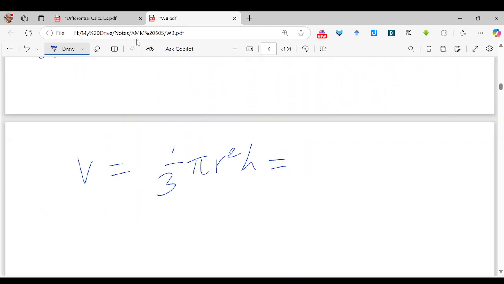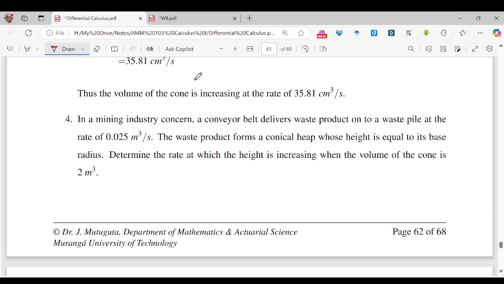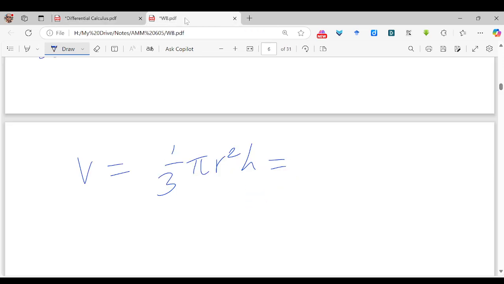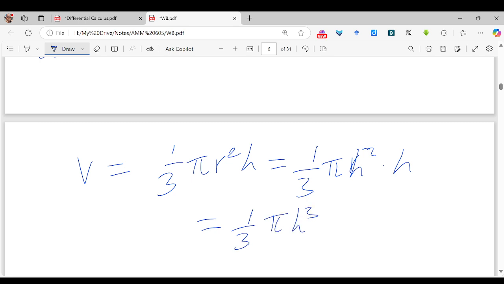Depending on the question, we want to determine the rate at which the height is increasing, so we write r is equal to h, because the base radius is equal to the height. So this will be 1 over 3 pi h squared times h, which will give us 1 over 3 pi h cubed.